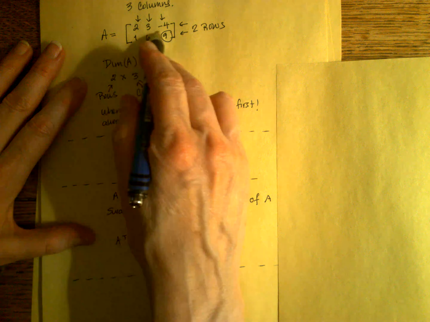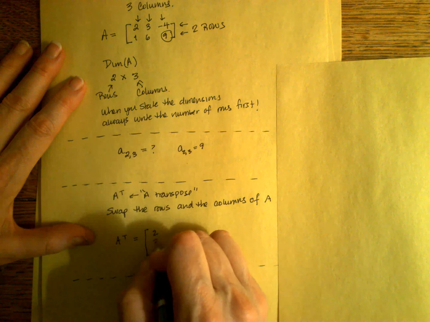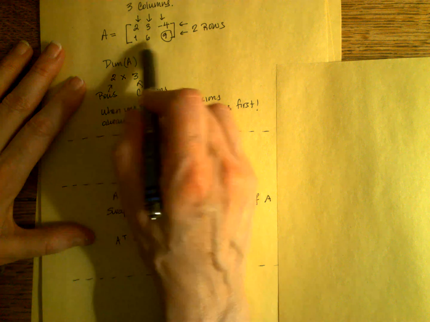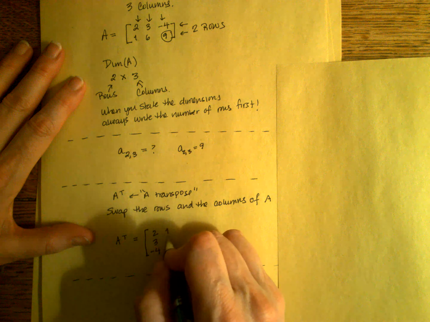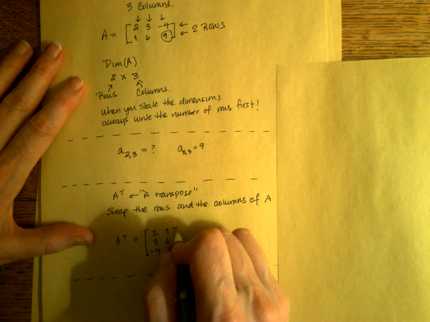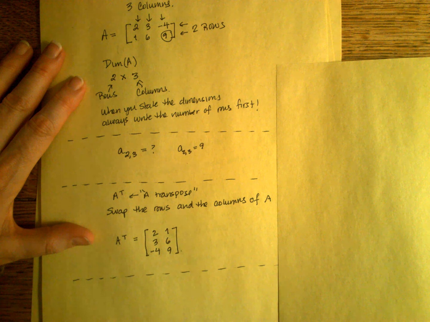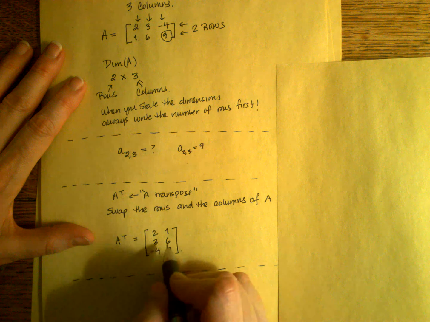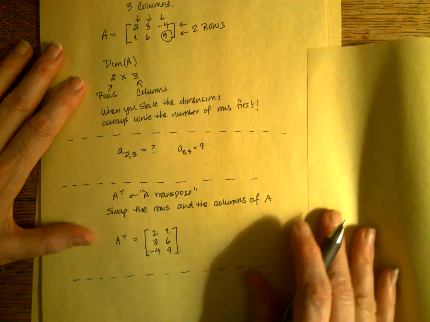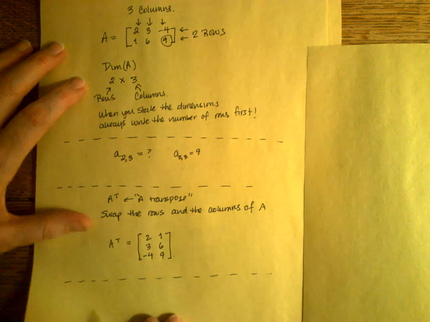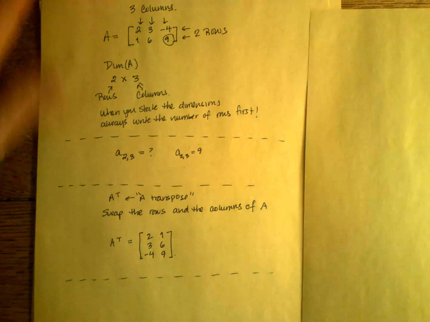So 2, 3, -4. What was the second row becomes the second column. Sometimes you work with the transpose when you're performing operations, depending on what it is you are trying to do. So that's the basics of matrices.